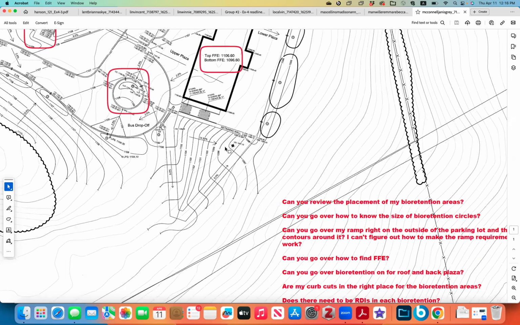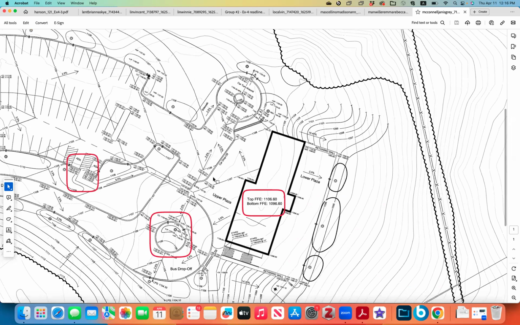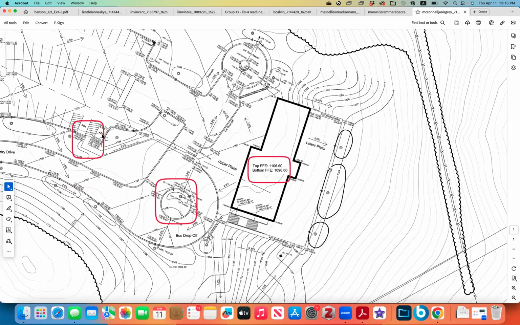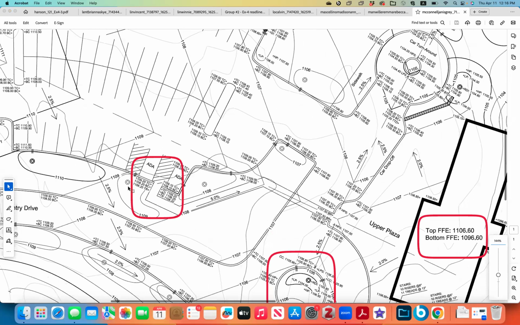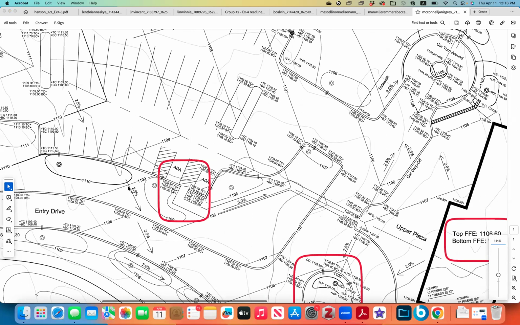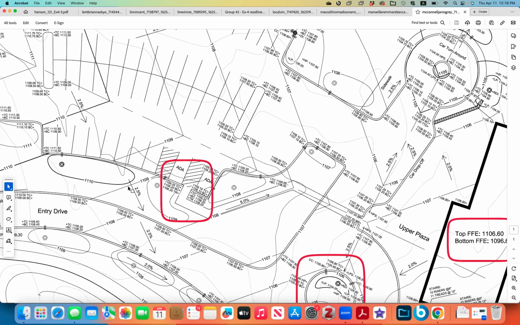So you did a couple of ramps right outside. Are you talking about this one? Yeah, the one right off the 88. Sure. So we have two ADAs. So this is two ADA spots.